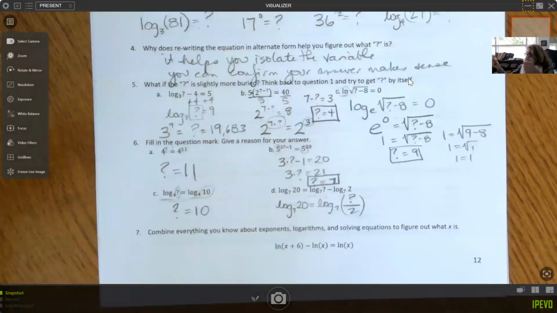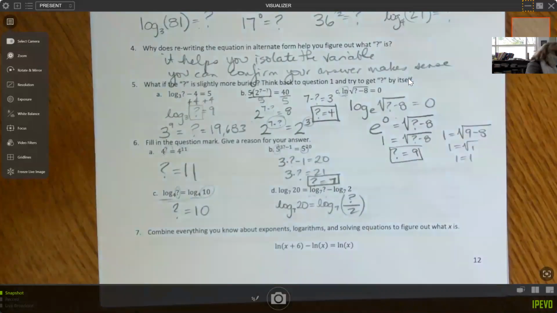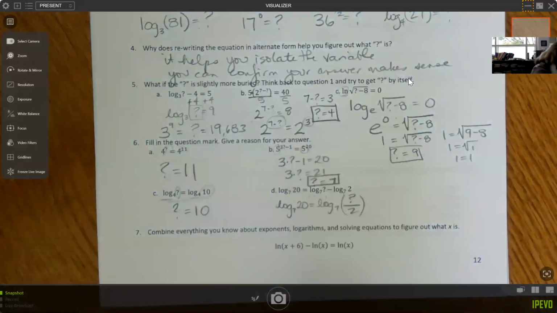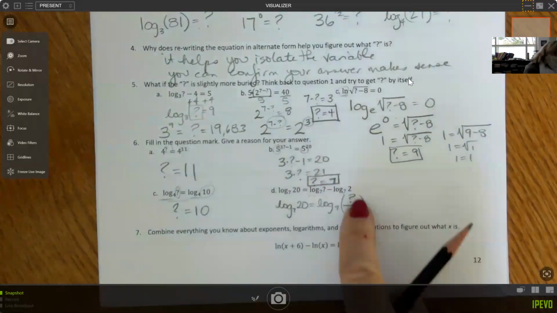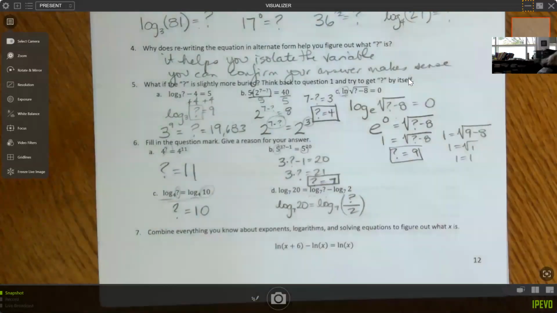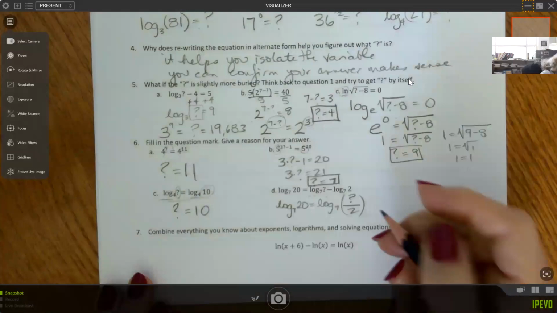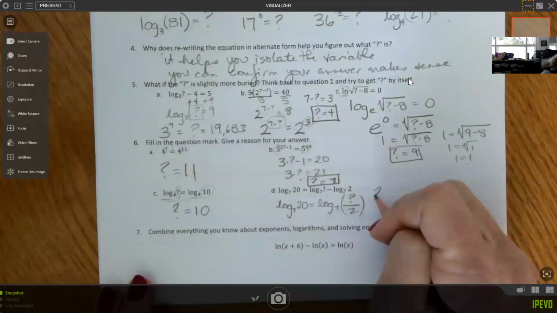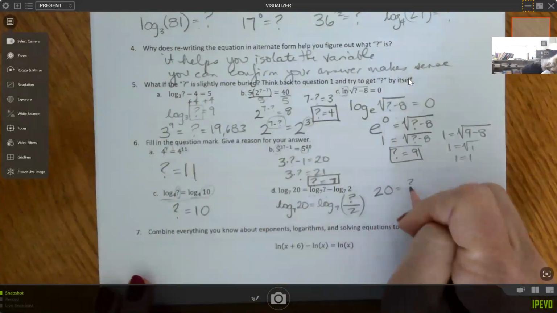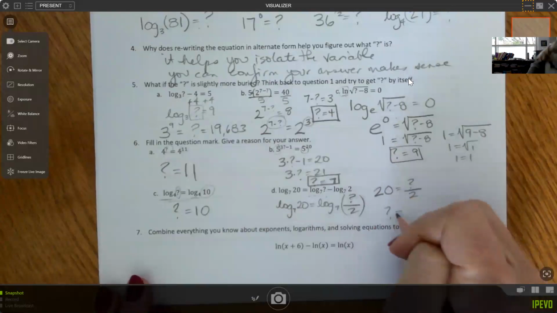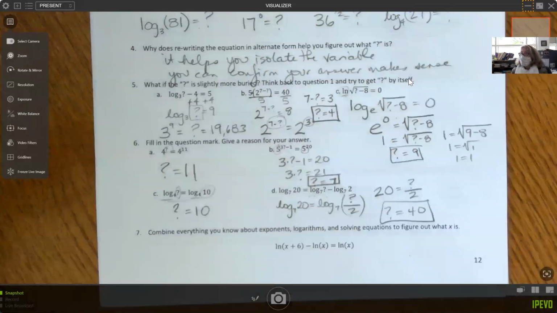We're using the log property on page 11. So same base subtraction, I can rewrite this as a quotient. Now, I don't even have to worry about the log base 7 part. I get to say 20 equals something divided by 2. Okay, so we're all good that the something has to be 40.